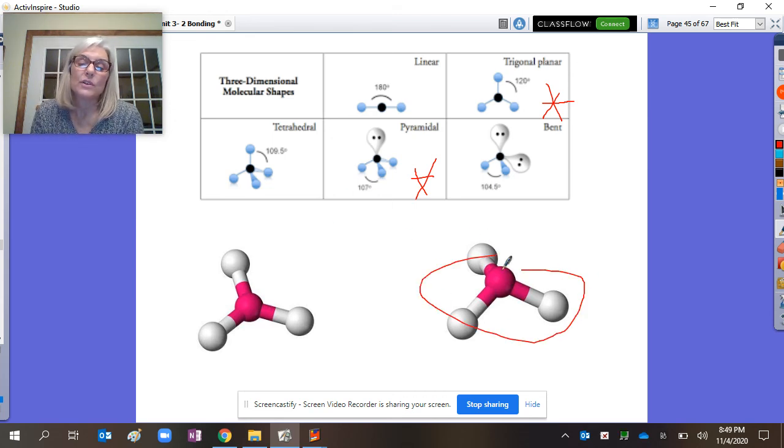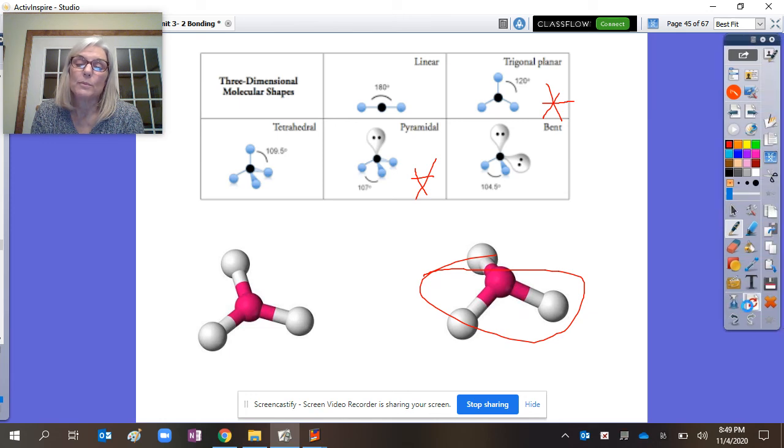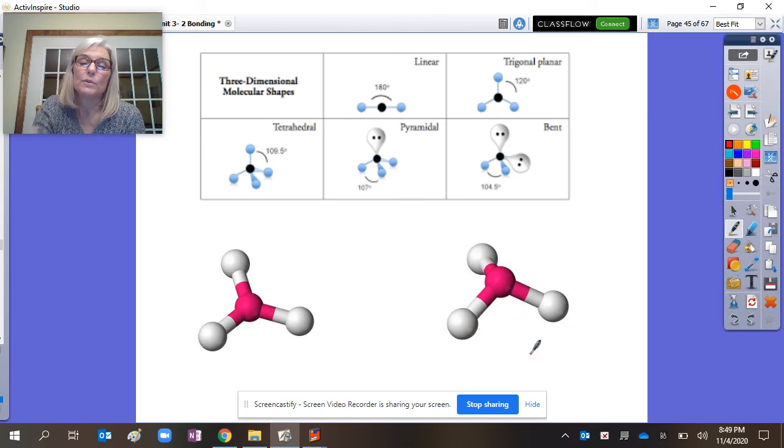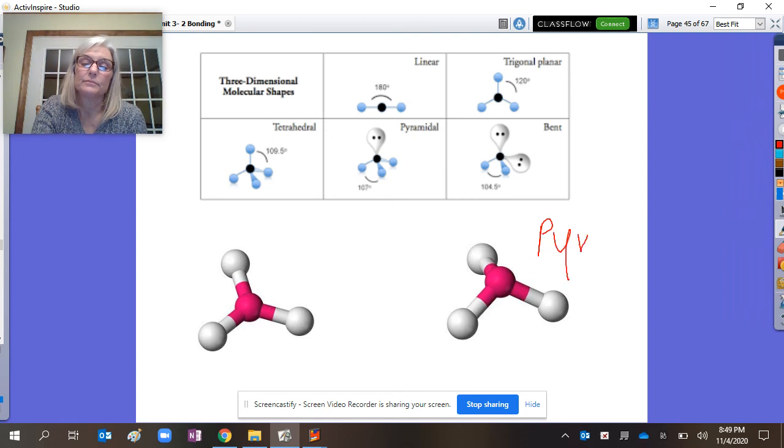So notice the difference. This is the pyramid right here. This one is your pyramid. And then this is your planar. So notice the difference in the shape. This is up because you've got this unshared pair at the top that's pushing your other electrons down.